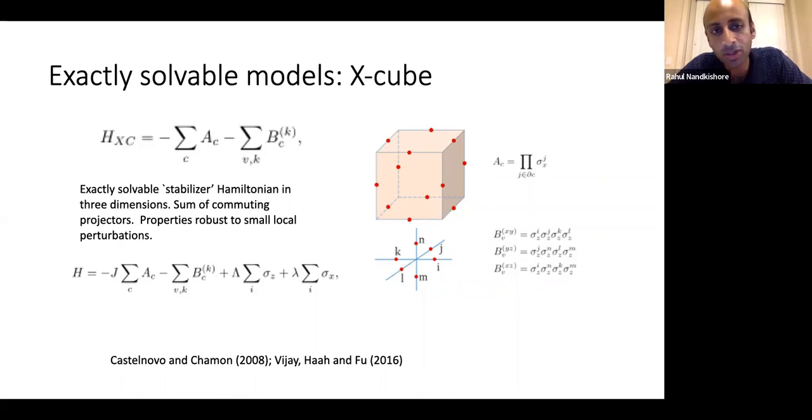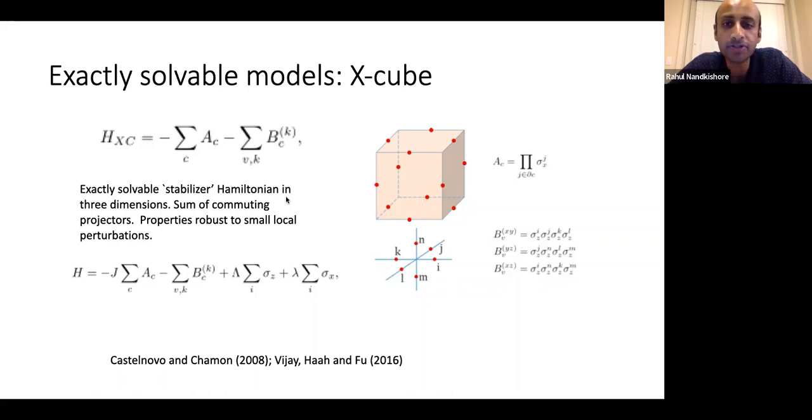So the X-cube model is defined on a cubic lattice. On every link of the cubic lattice, you place a single spin-half variable. And the Hamiltonian contains two sorts of terms. It contains A's and it contains B's. The A operators are a product of 12 Pauli X operators on the 12 links that frame an elementary cube.